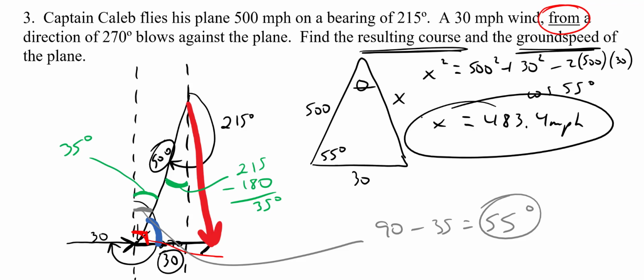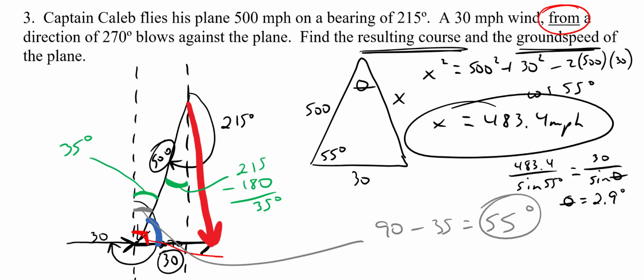Now that I know this x, that's 483.4, of course not using a rounded value, it's in your calculator, over sine of 55 degrees is equal to 30 over sine of theta. Okay, you cross multiply, take inverse sine, so theta equals 2.9 degrees.